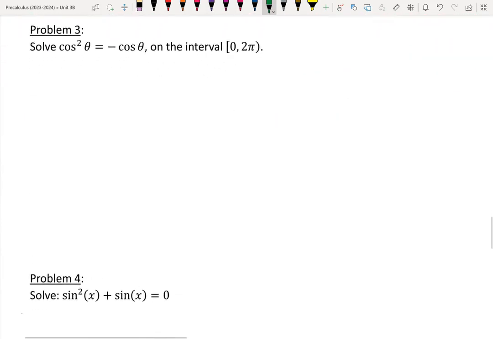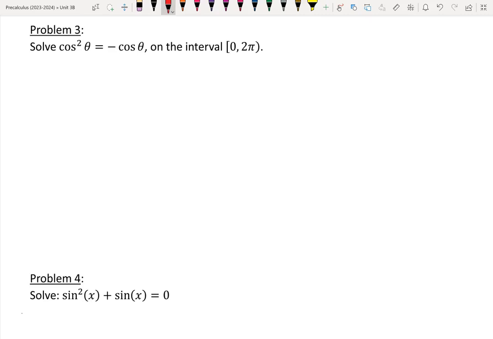And let's talk about instances where we might have to factor. So we're going to brush off our factoring skills. On this one, I see a cosine squared, but I also have just a plain cosine to the power of 1.